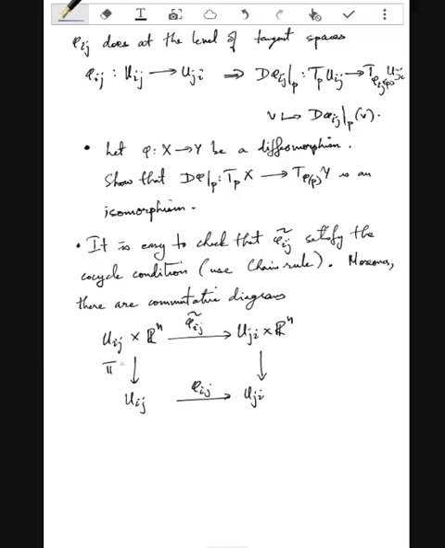This is the projection, and this is also the projection. The commutativity of this diagram is obvious, and we also want to check that the phi ij tilde are smooth maps.